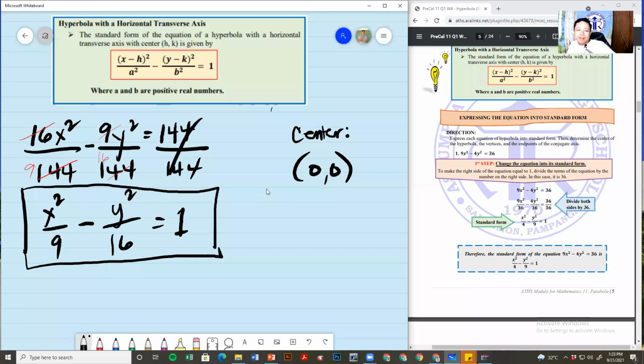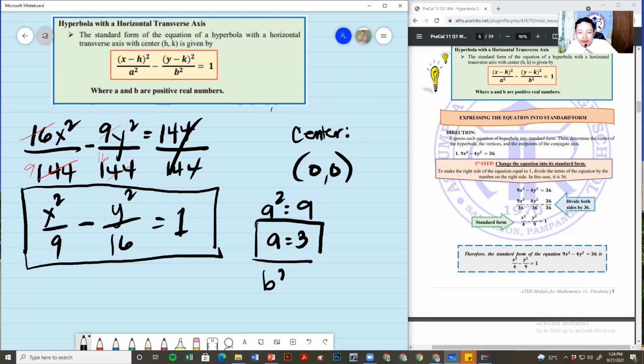Correct? Okay. Next, what is our A? What is our A squared? A squared is 9. Get the square root. This will be equal to 3. So A is equal to 3. Okay. What about your B?